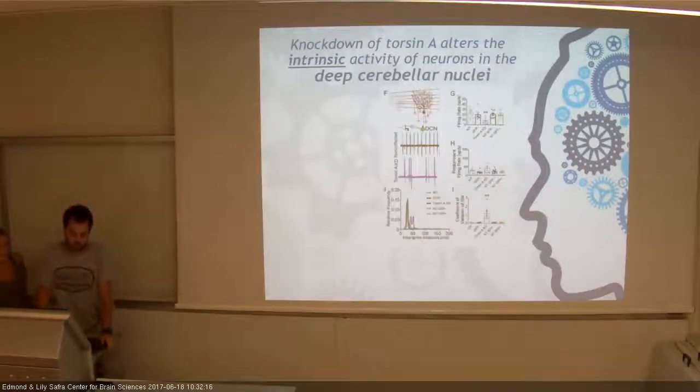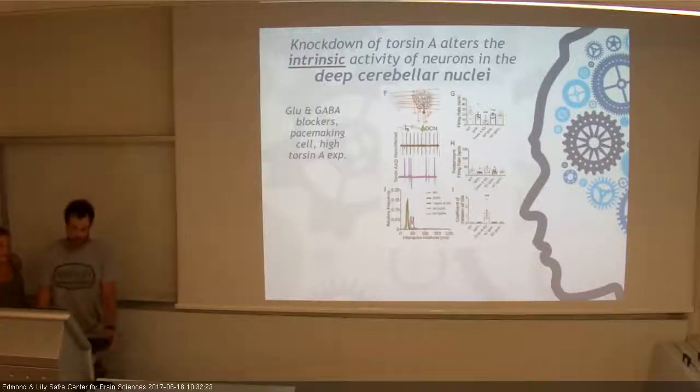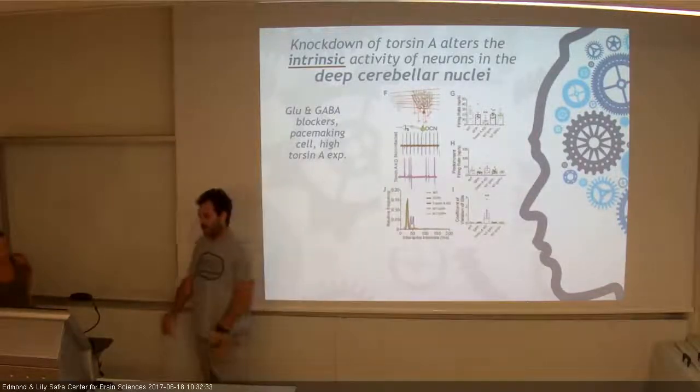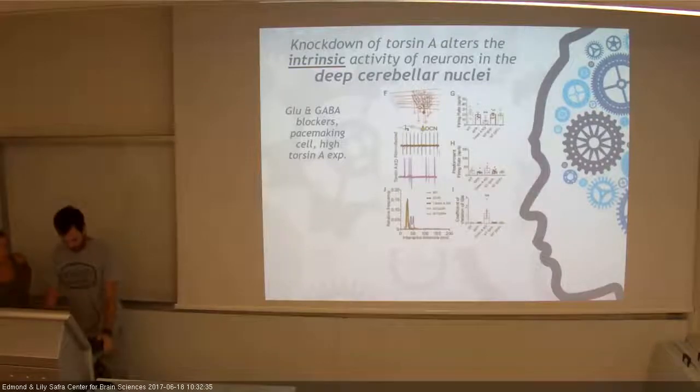They did the same thing in the DCN, the deep cerebellar nuclei. Again, they blocked all glutamatergic and GABAergic information. Those are also pacemaking cells, as you can see on the left. And again, they looked at the firing rate versus the coefficient of variation of the interspike interval.